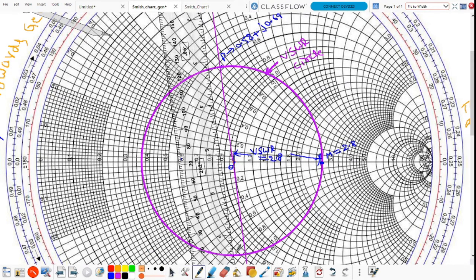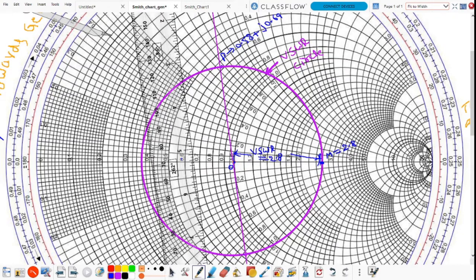This is the crossing point of the line opposite to the normalized load impedance and the VSWR circle.